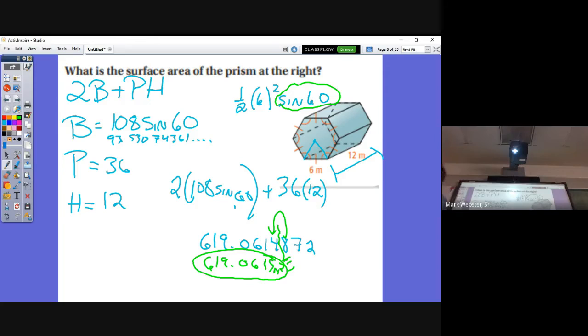So now remember I said earlier, the book is going to try and convince you that cylinders are somehow different than prisms. They're not. Here's the only thing that makes a cylinder unique, is that instead of having any old shape as its base, the base is always going to be a circle.